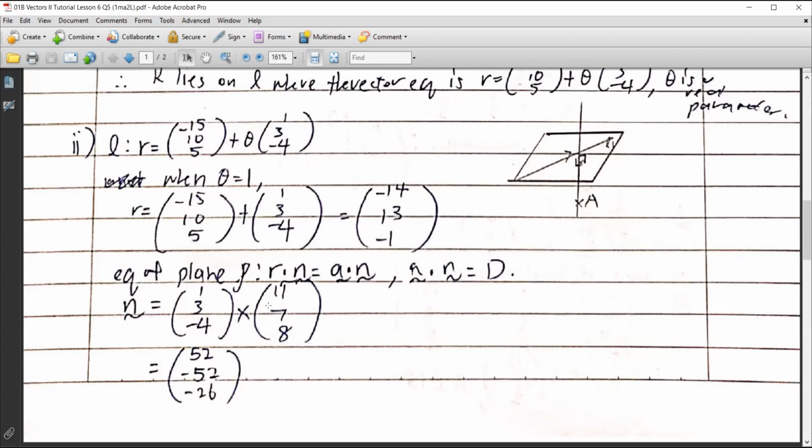We have two direction vectors, so you multiply to find the normal vector.